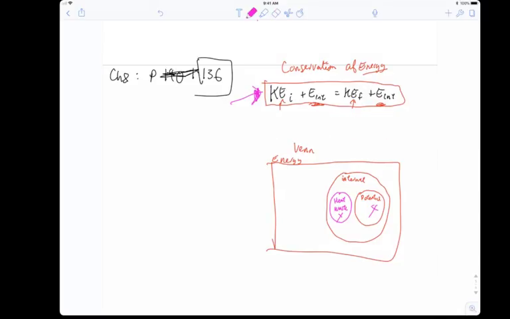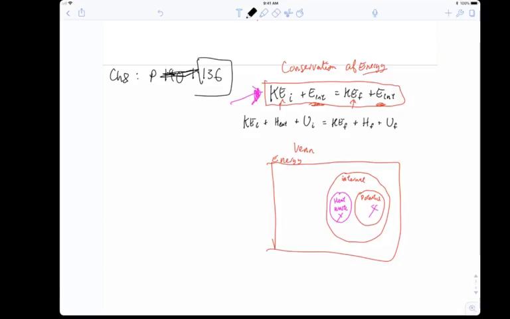If I'm in a system where there's more than one type of internal energy, you can rewrite this equation: KE initial plus heat or waste energy plus potential energy is equal to KE final plus heat final plus U final.